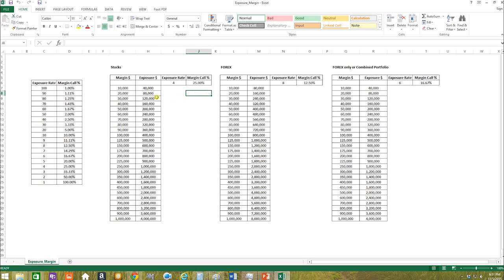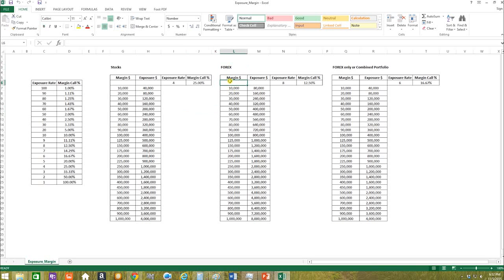So if we put $20,000 into our portfolio and choose to be 4 times exposed, we will have 80,000 exposure. If we lose 25%, because 20,000 is 25% of 80,000, we lose 20,000 and we receive our margin call. That should be pretty self-explanatory.